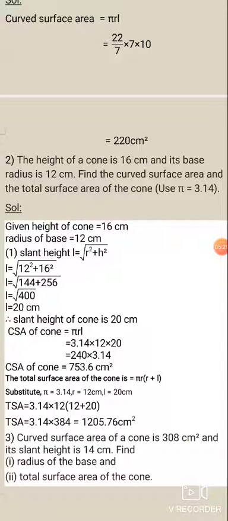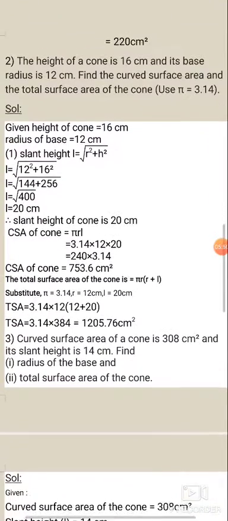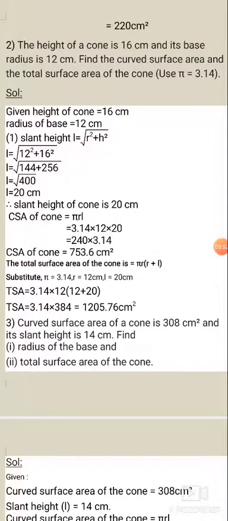Now the next question. The curved surface area of a cone is 308 centimeter square and its slant height is 14 centimeter. Find first, the radius of the base, and second, the total surface area of the cone. So radius of the base we need to find out, and the first condition, curved surface area is given 308 and also slant height 14. So what is the equation of curved surface area?